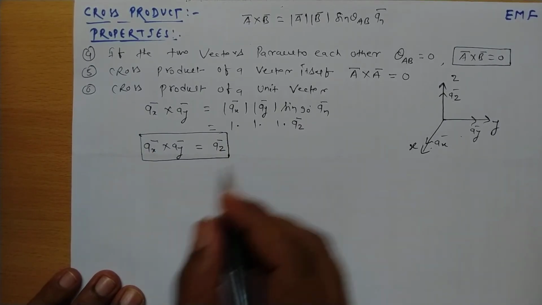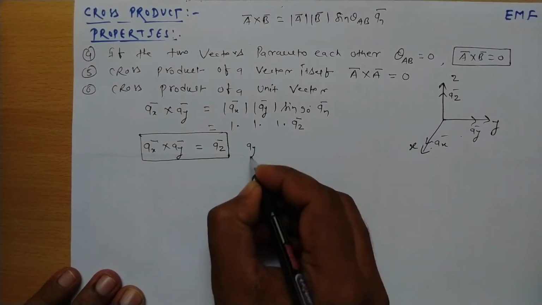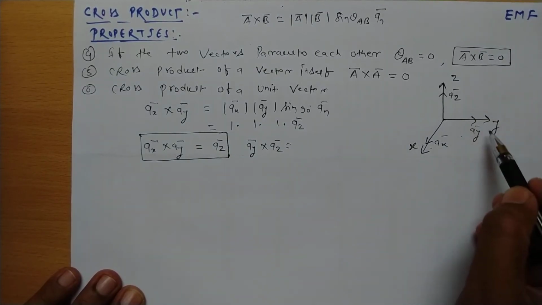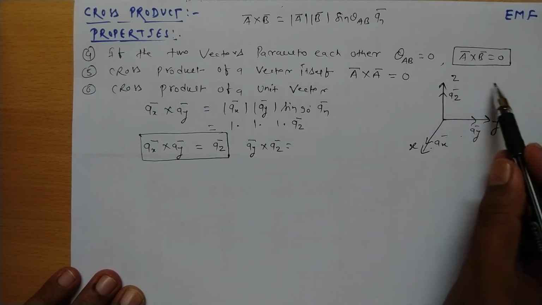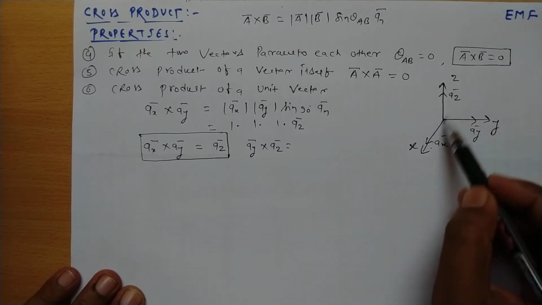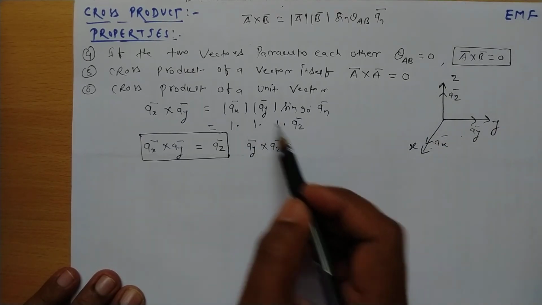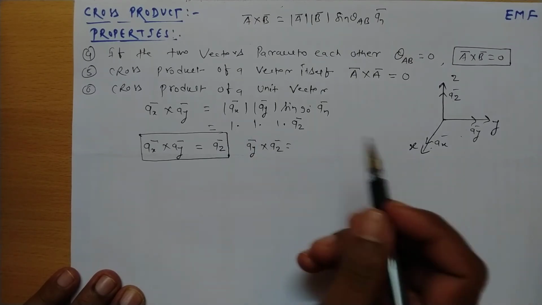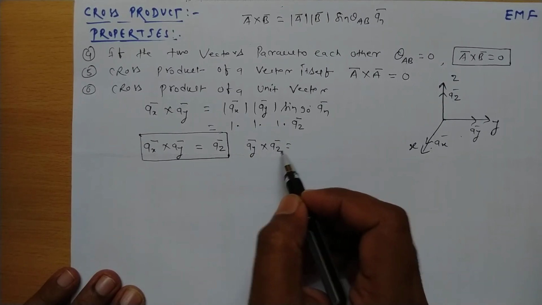In similar fashion, I can write AY cross AZ. This is the YZ plane, and the normal to the YZ plane is AX. So AN becomes AX, and the magnitude of AY and AZ remains 1 because the magnitude of a unit vector is 1, and the angle between Y and Z is again 90 degrees.